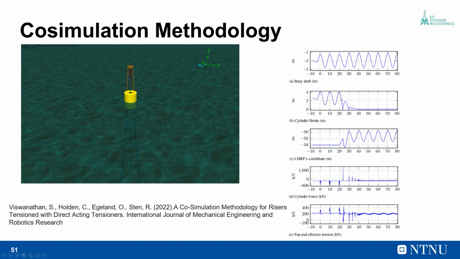Initially, as the cylinder retracts, the LMRP is raised, but due to the downward motion of the platform coupled to the rebound of the piston in the DAT cylinder, we see that the LMRP drops down, and after the few rebounds, it then begins to respond to the wave along with the buoy motion.